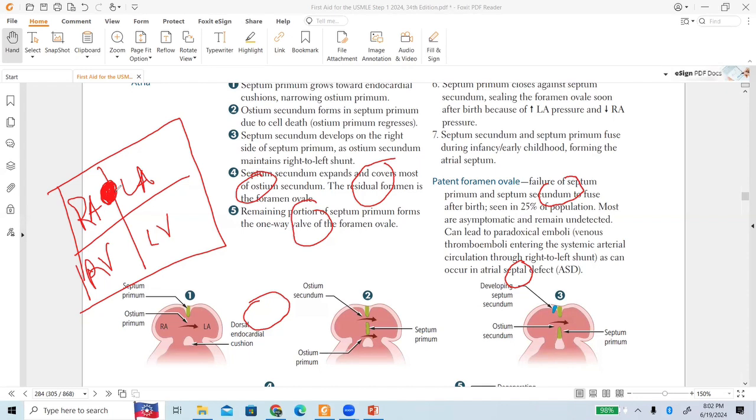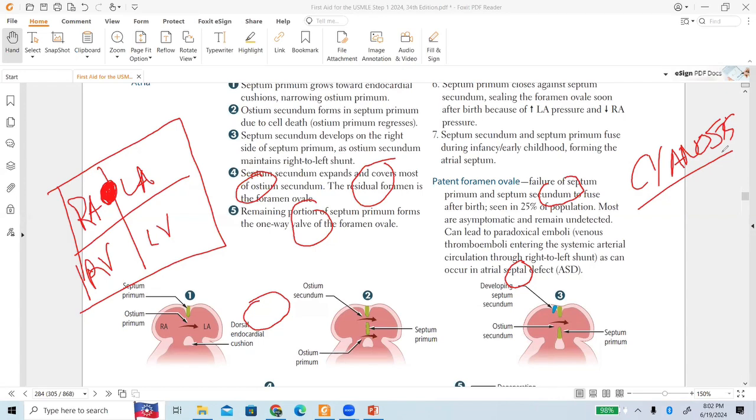Which shunt leads to cyanosis? Right to left shunt, because the deoxygenated blood bypasses the lungs. And left to right shunt does not lead to cyanosis.